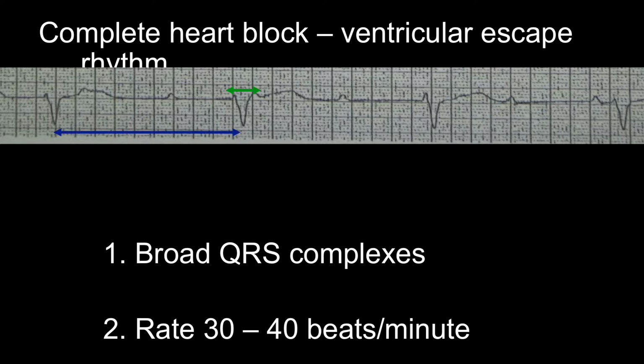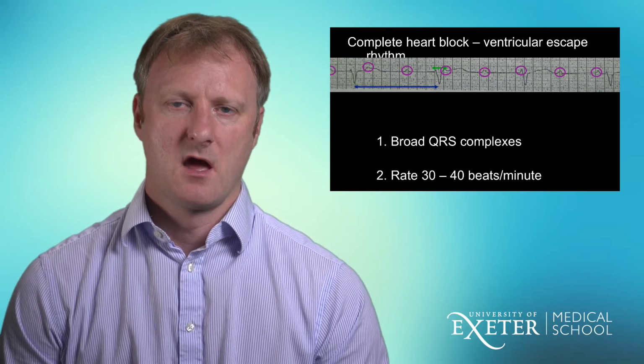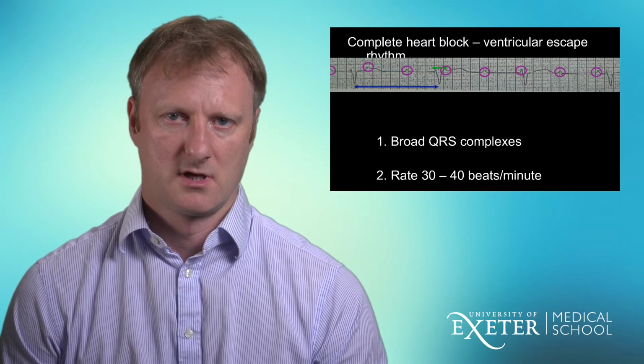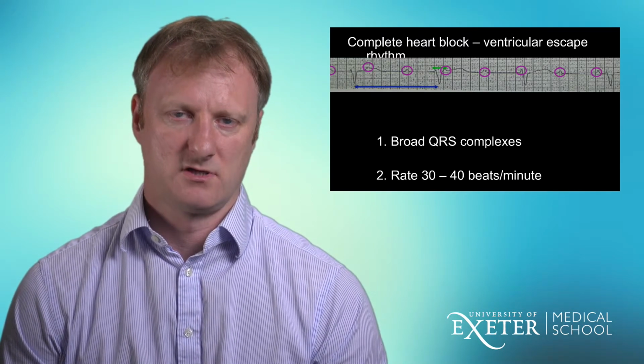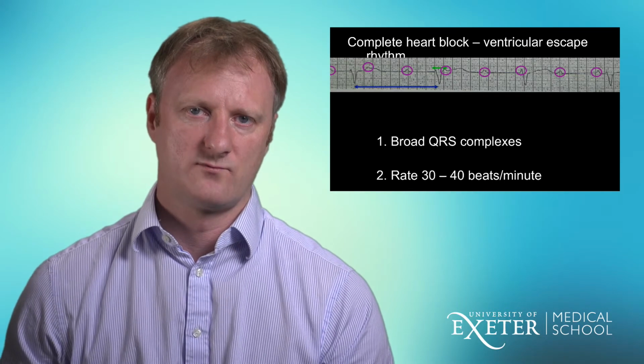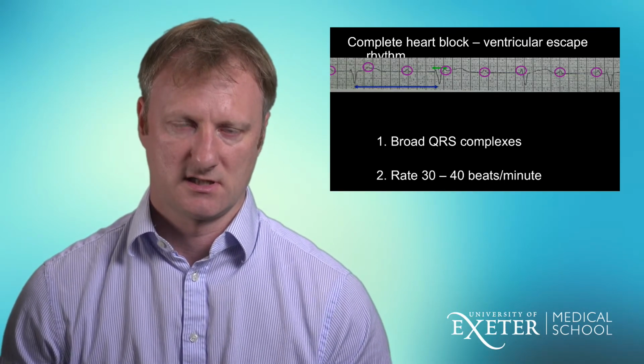And that represents the rate. And then here we can see all the P waves that are marching through. So the reason this patient has a broad QRS is because there is complete AV dissociation or complete heart block, and hence the rhythm is not originating from the AV node. The rhythm is originating from the periphery of the ventricle, and it takes time for it to depolarize until it reaches specialist conducting tissue.